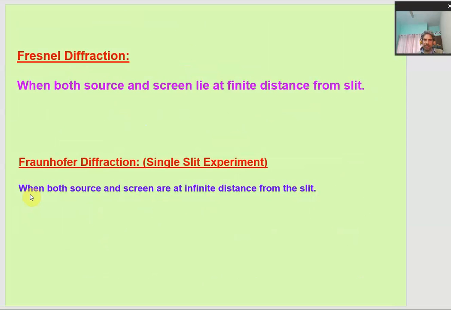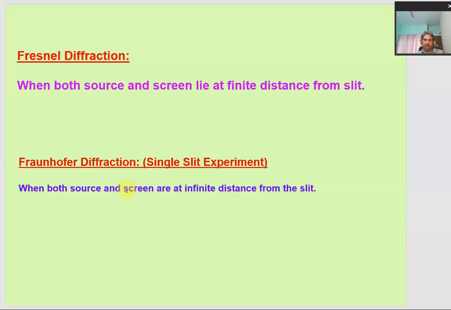That means in laboratory conditions, in order to achieve plane wavefronts, we take a point source of light which will produce spherical wavefronts, and in front of that source we place a convex lens so that the source is at the focus of this convex lens. When these spherical wavefronts enter the convex lens, it makes them into plane wavefronts, and therefore we are getting the plane wavefronts in order to observe this Fraunhofer diffraction.